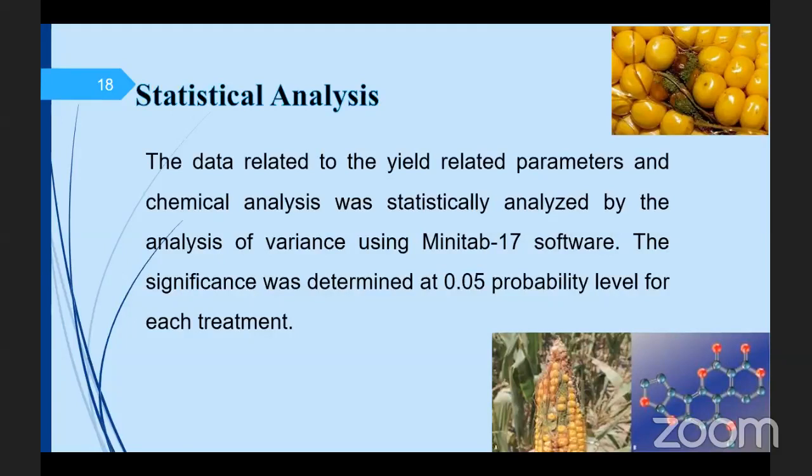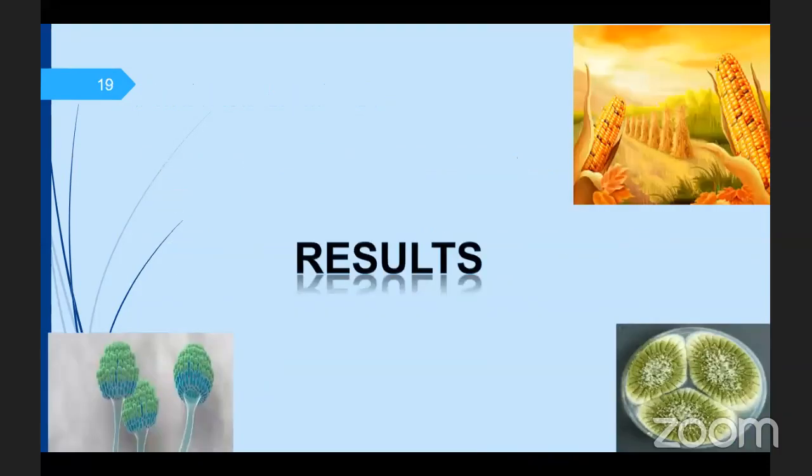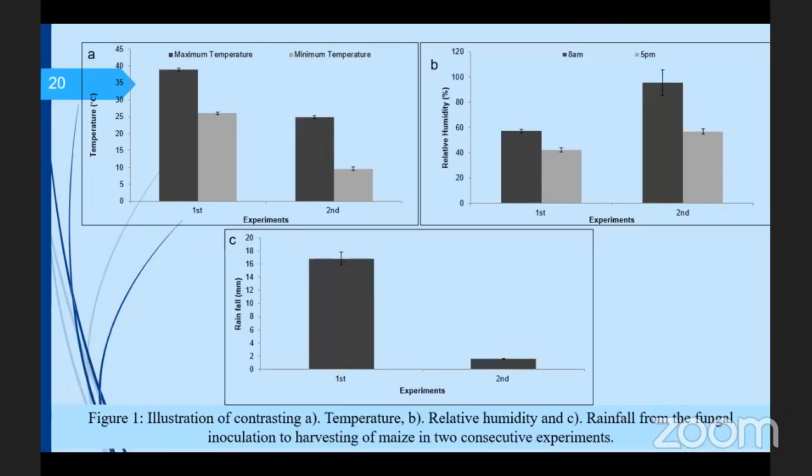The data related to yield parameters and chemical analysis were statistically analyzed by analysis of variance using Minitab 17 software. The significance was determined at the 0.05 probability level for each treatment. And these are the results.